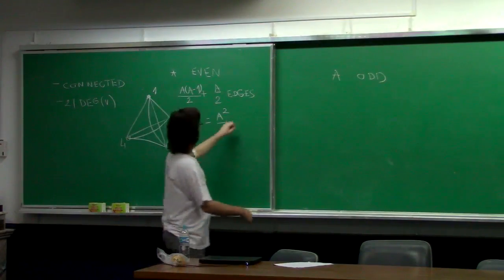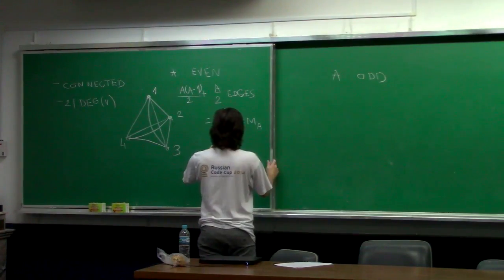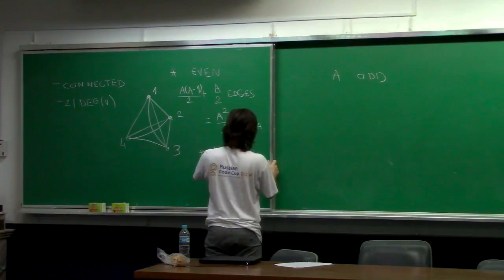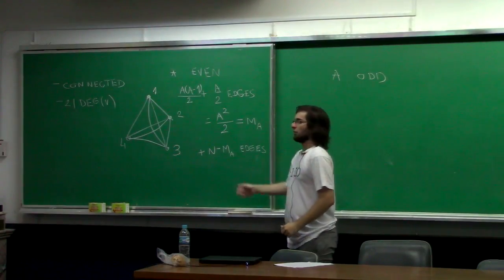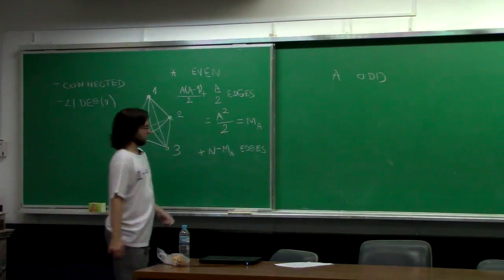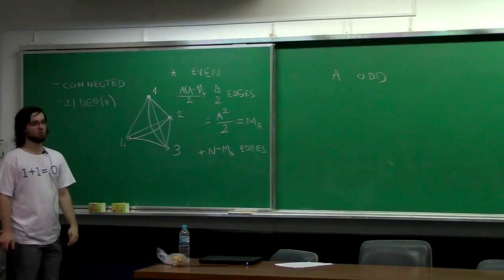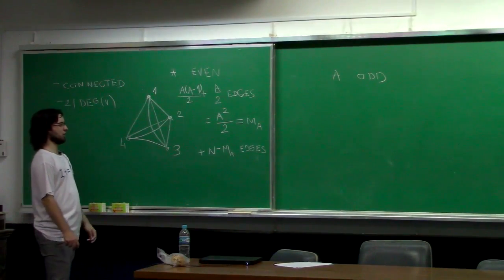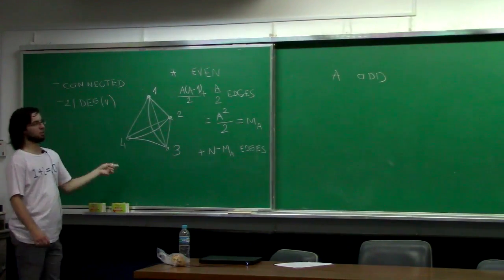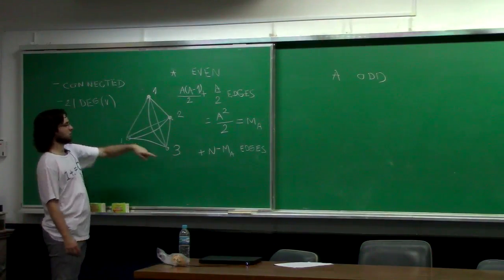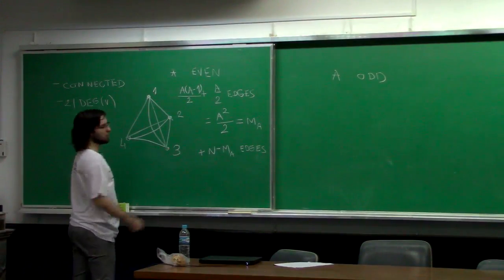Let's say that this is MA, and we need to add edges. If n minus MA is even, then we just add n minus MA edges between, for example, vertices 1 and A, and since this is even, the degree of vertex 1 and degree of vertex A remain even, and everything is fine because we had MA plus n minus MA equals n edges.